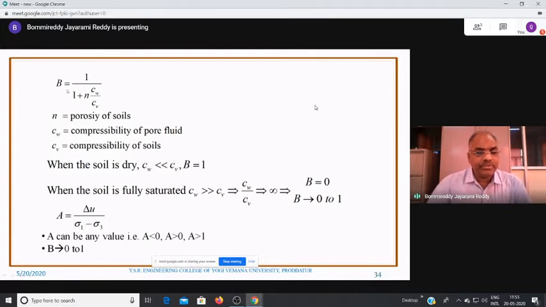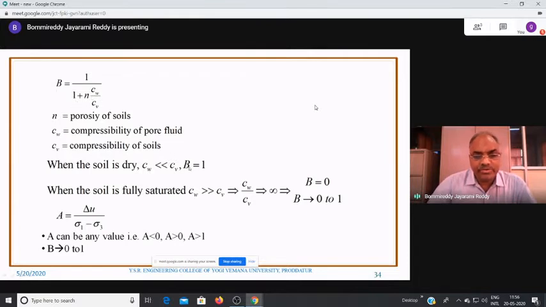So the pore pressure parameter B depends on the porosity of the soil, the compressibility of the fluid, and the compressibility of the soil. So when the soil is in dry condition, there is no pore fluid. That means Cw value is much less than Cv. When Cw is much less than Cv, or otherwise Cw is zero, this term vanishes and B value equals 1.